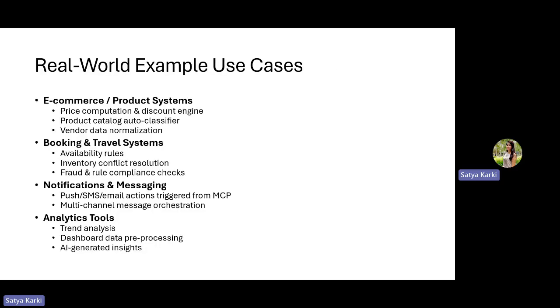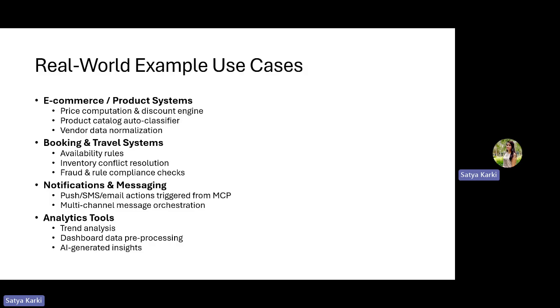So other real-world use cases and examples are that we can use the MCP in e-commerce product systems, for example, for auto price computations and the discount engine. We can use it for product catalog auto classifiers, where the AI will help to auto classify the product catalog, and vendor data normalization.